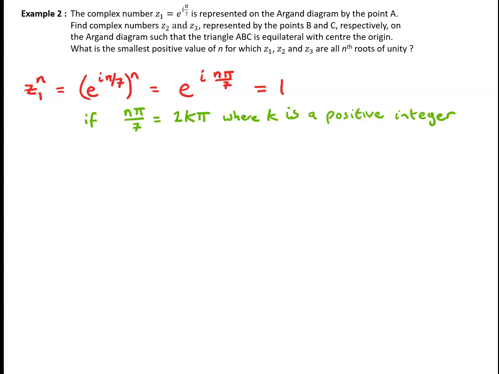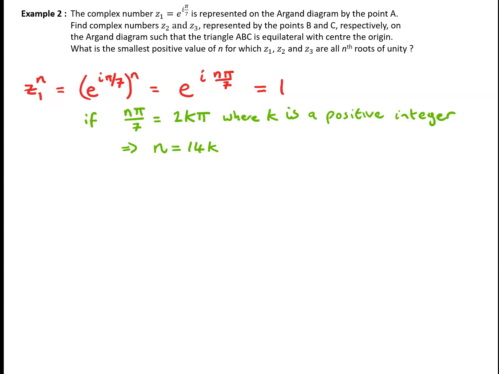Now if that is going to be equal to 1, then I must have n pi by 7 being a multiple of 2 pi, because 1 is the same thing as e to the 0i, or e to the 2 pi i, or e to the 4 pi i, or e to the 6 pi i, etc. So I must have n pi divided by 7 equaling 2k pi, where k is a positive integer, which means that I must have n equals 14k, where k is a positive integer.